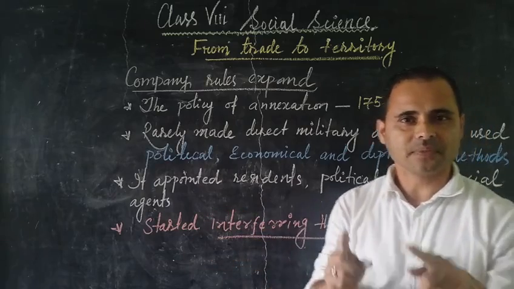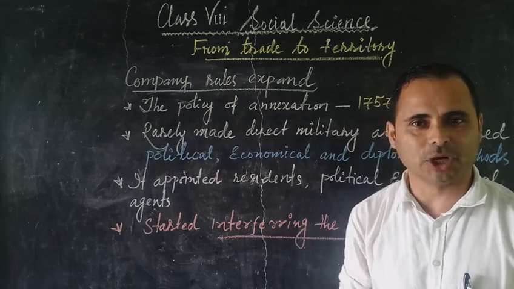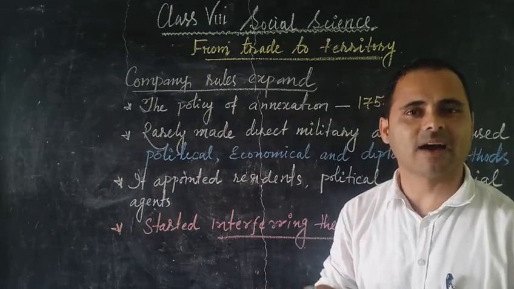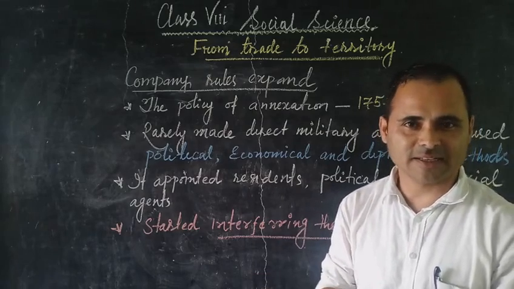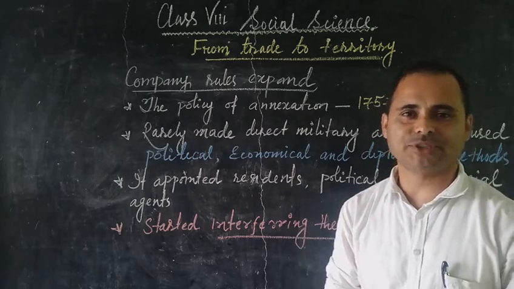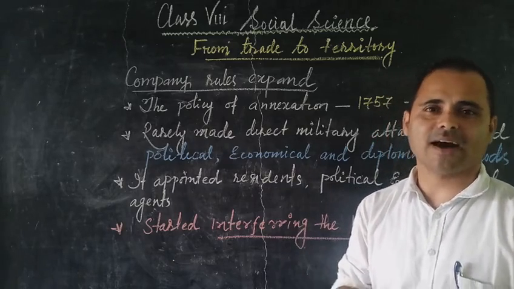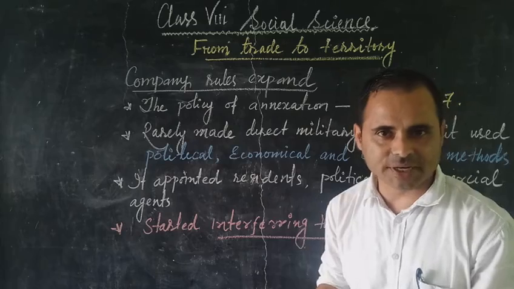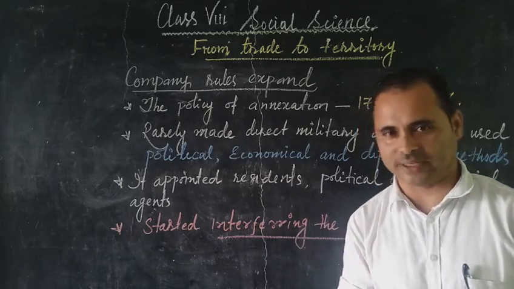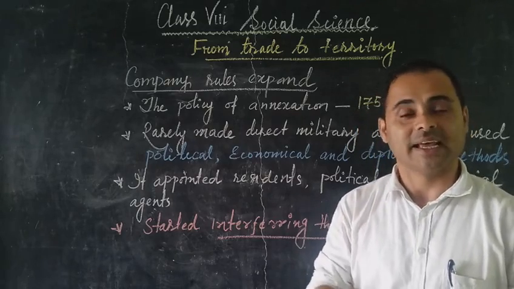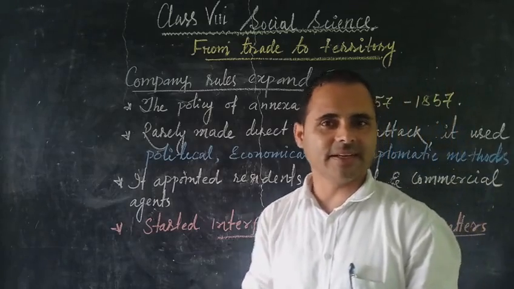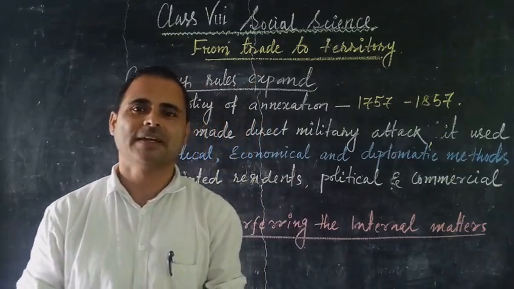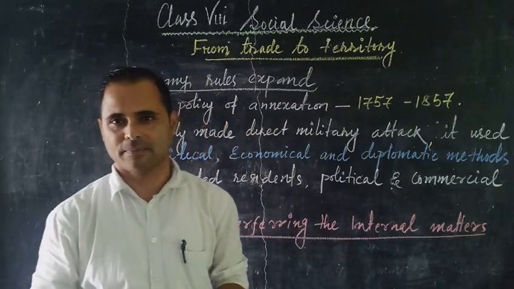One is that the subsidiary alliance does not allow the Indian ruler to maintain a large army. Another point is that, as per the subsidiary alliance, the British army will give protection to any princely state territory or ruler if they are under threat. These are the two points. And in return, these Indian rulers were expected to pay some amount of tax.